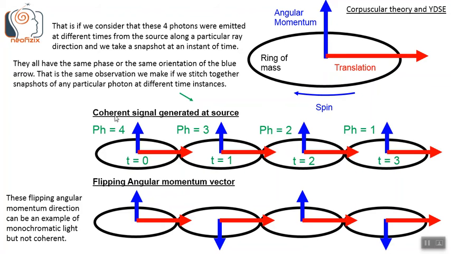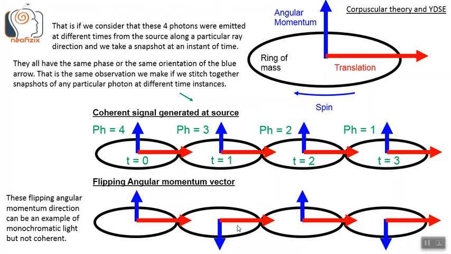That is, they have the same rate at which they are spinning, the ring is spinning, and their angular momentum directions are all aligned. So if there are flipping angular momentum directions, that is, at one place the angular momentum is directed up, at this place the angular momentum direction is down, it's up here, and then again it's down here, then this will be an example of a monochromatic light.